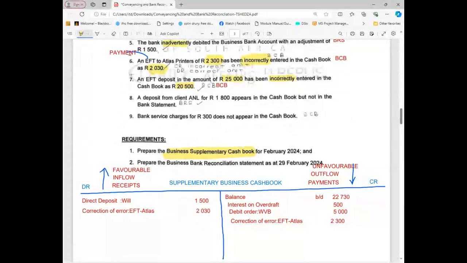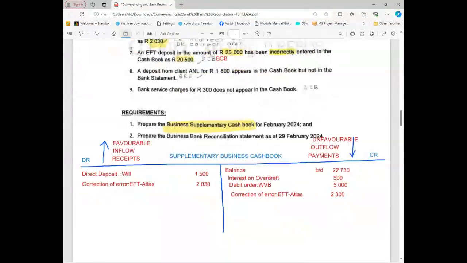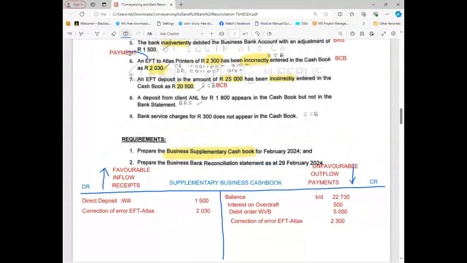Don't we apply the same principle as the error we did with Atlas, where we take back the incorrect amount and say correction of error?